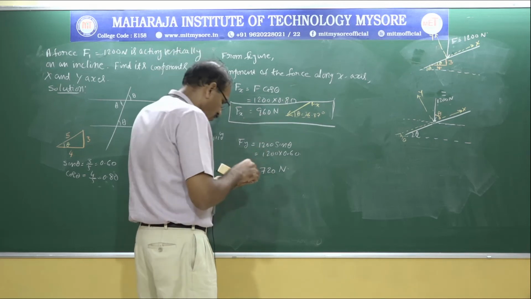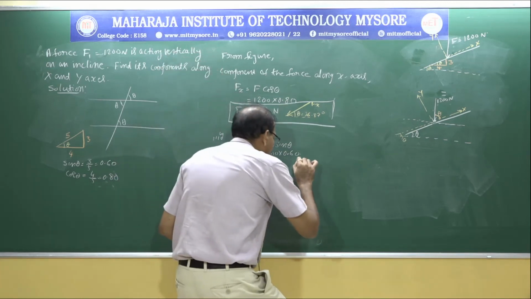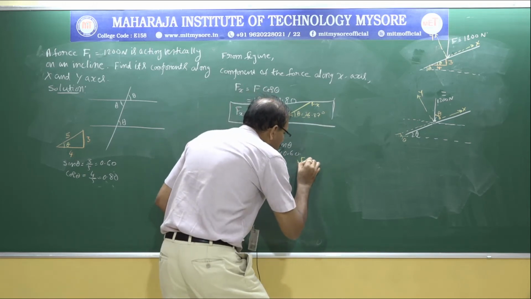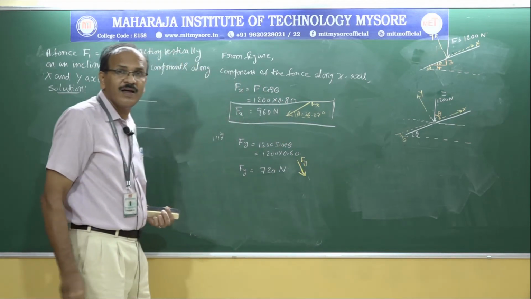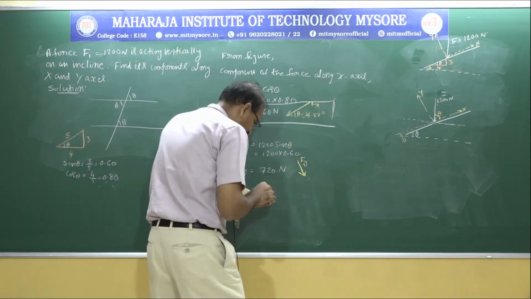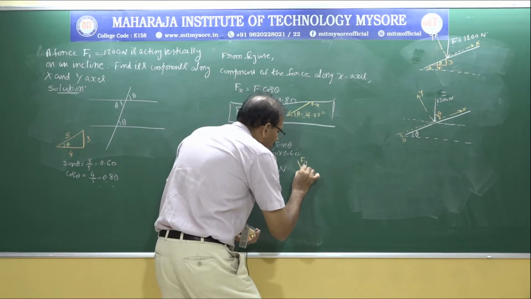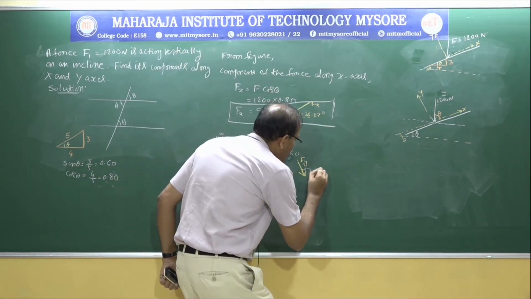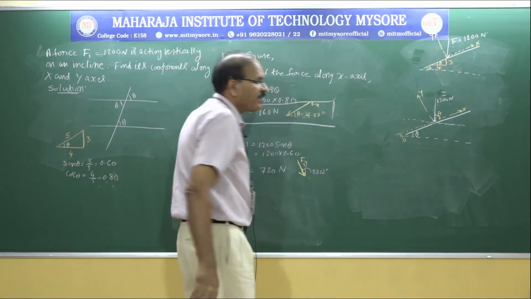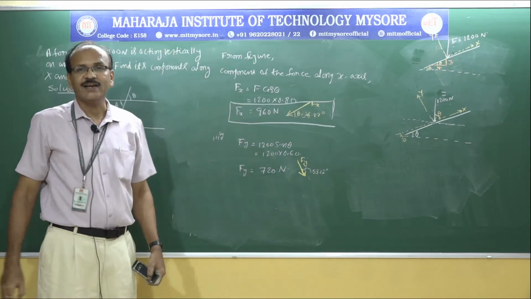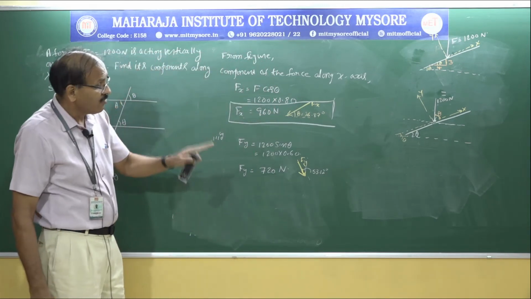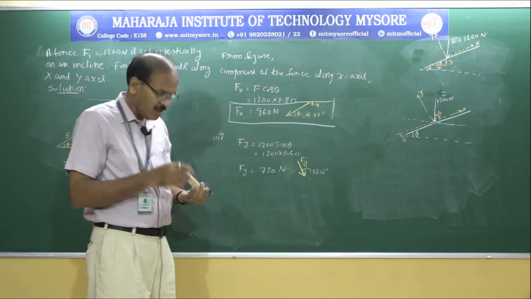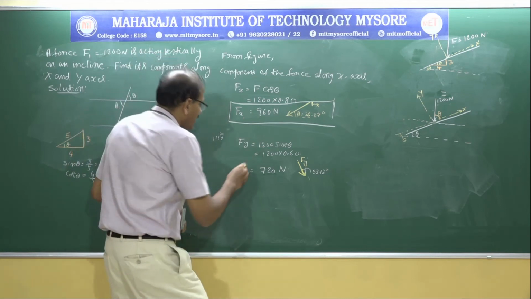That is the vertical component of the force 1200, which is Fy, and it is making an angle of 53.13 degrees with respect to the vertical line. It is not the y-axis, it is with respect to the vertical line. So Fy is 960 Newton, and this should be your final answer.